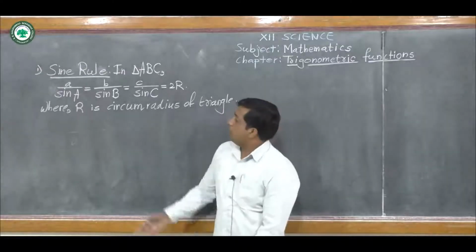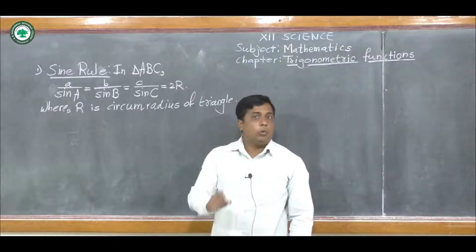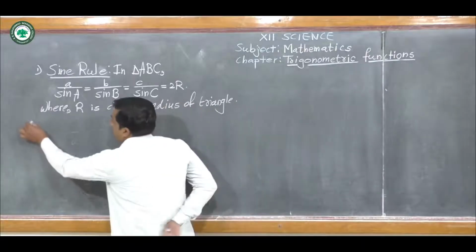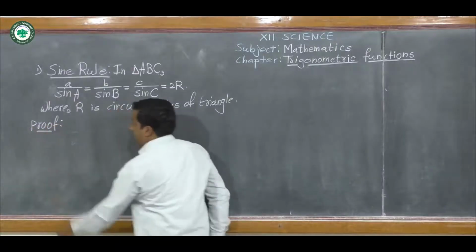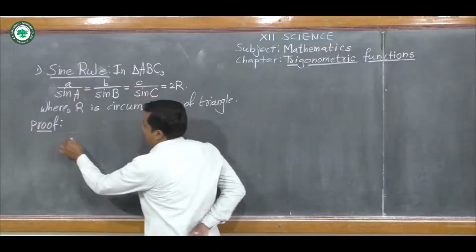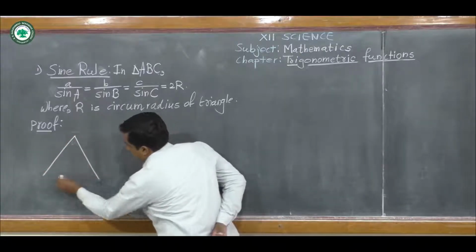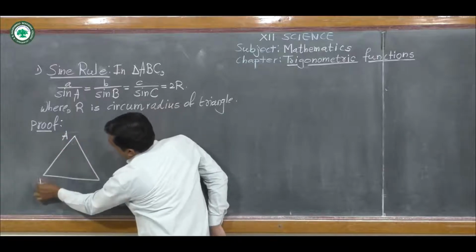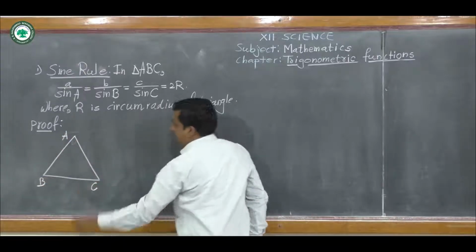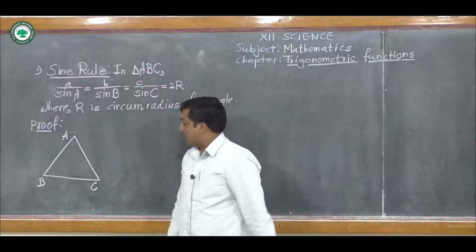Now we have to prove this sine rule, and to prove this we consider one figure. Again we consider a triangle ABC like this. Here we consider the lengths of the sides.